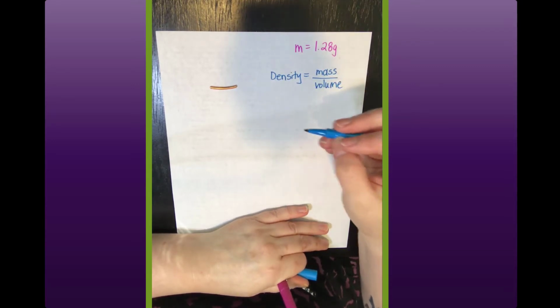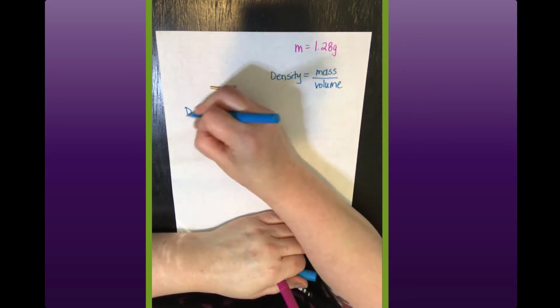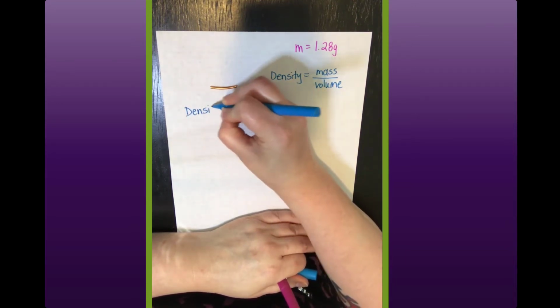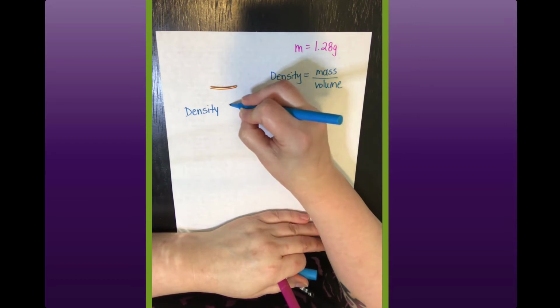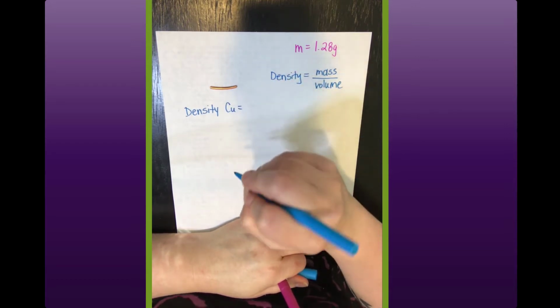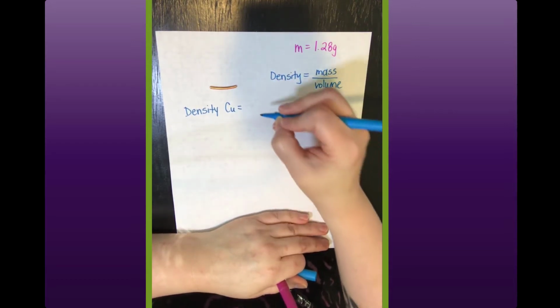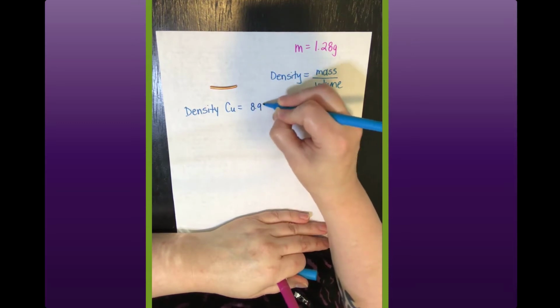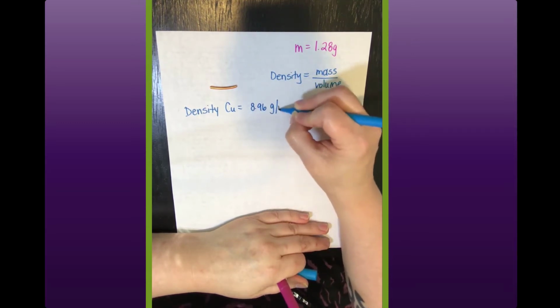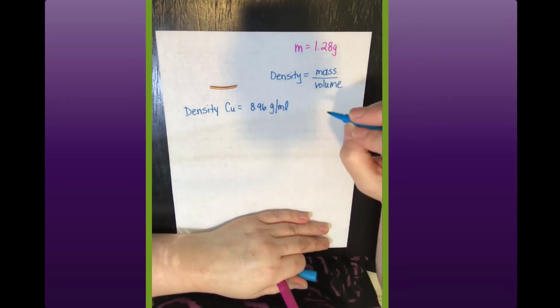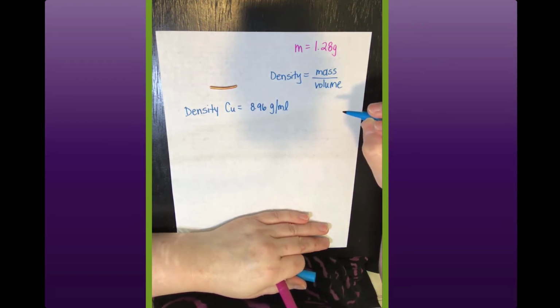And we know that the density of copper is equal to 8.96 grams per milliliter. We know this because we looked it up.